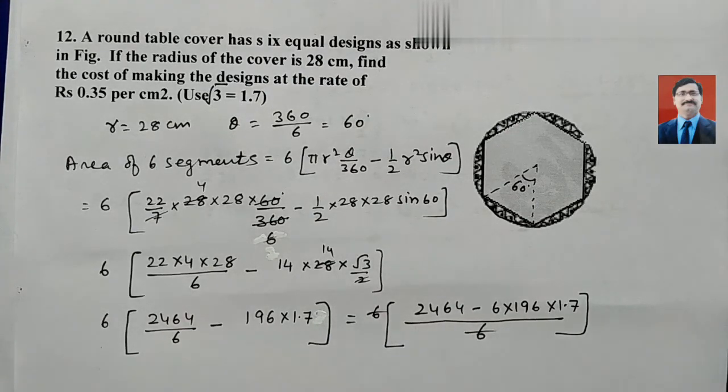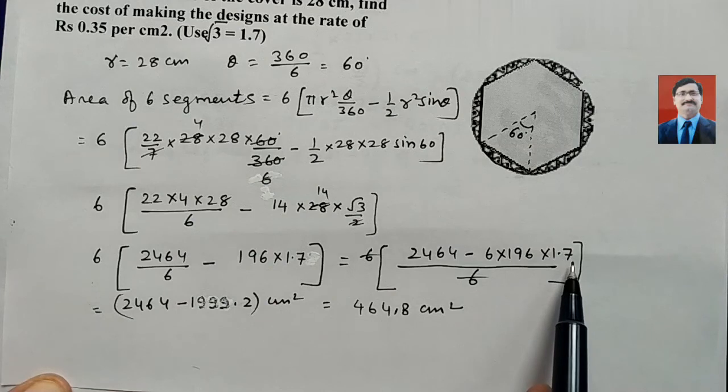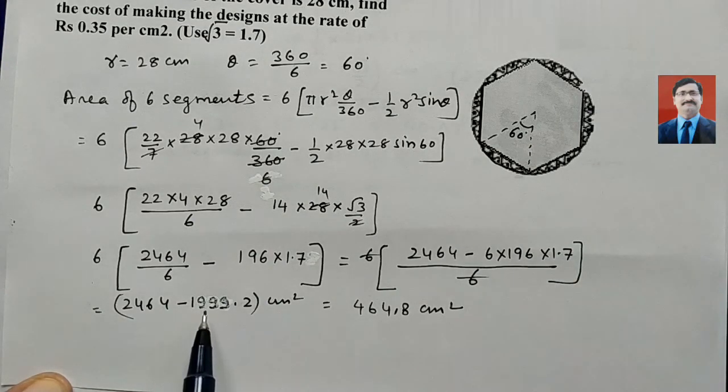This 6 and 6 we can cancel, and the whole we multiply, we get 1999.2 centimeter square. Look at this 2464, we subtract this 1999.2 centimeter square, we will get here 464.8 centimeter square.